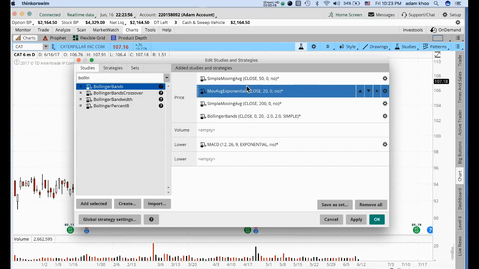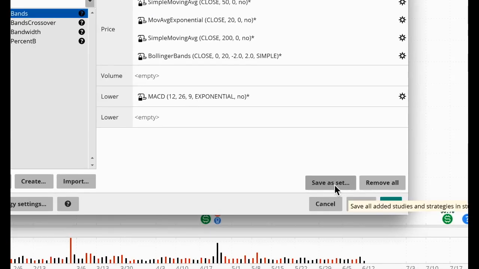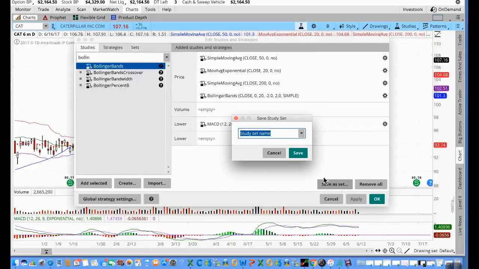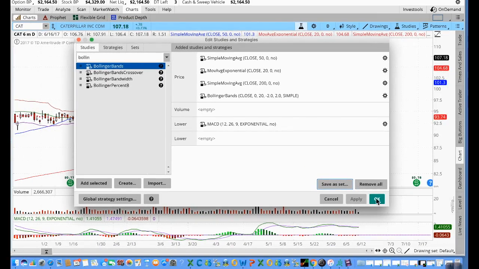Once you put in your indicators for that strategy, you can click Save the study set as whatever you want to call it. So for example, this will be Bollinger mean reversion. Or capitulation, whatever strategy you've learned. So click Save and okay.